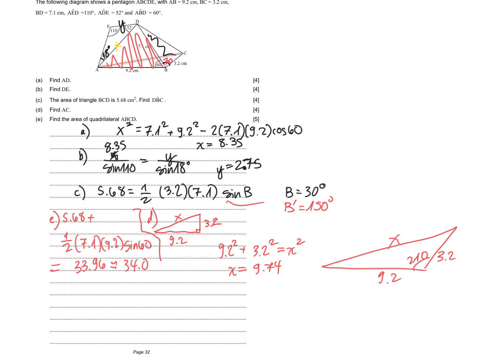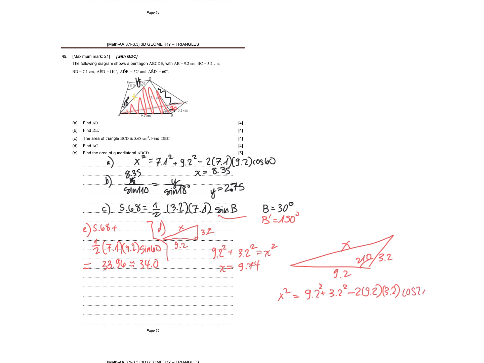And we'd use cosine rule to find that. Squared plus 3.2 squared minus 2 times those things, and then cosine 210. Which ends up being 12.1. So that's A to C, the alternative A to C. And then that doesn't change anything in the bottom one.